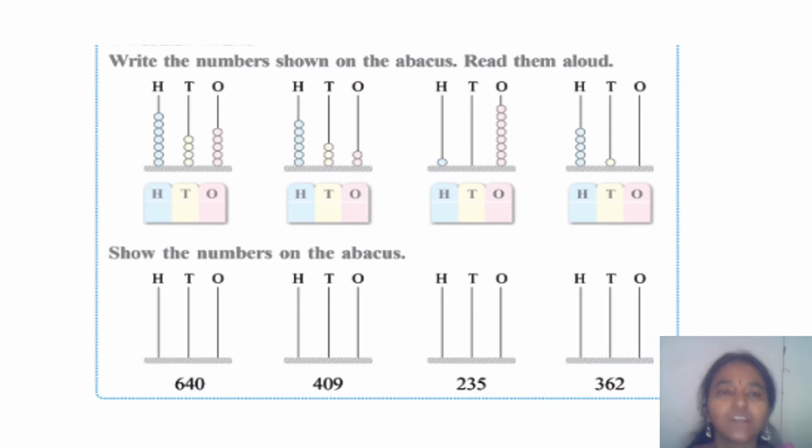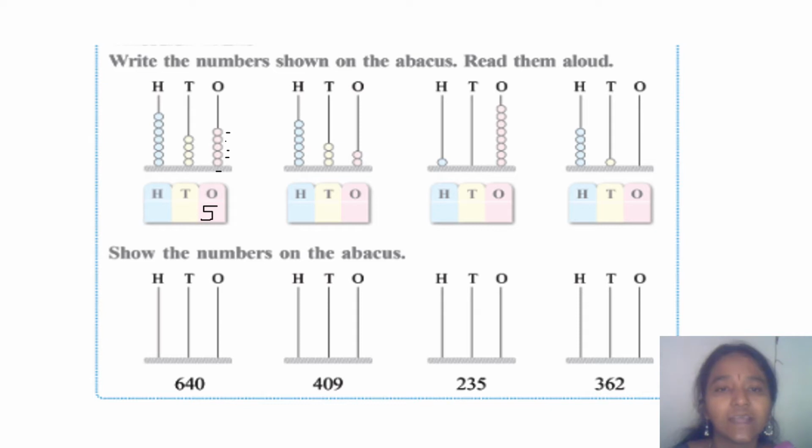Now, what is given here? Write the numbers shown on the abacus and read them aloud. Under ones, how many beads are there? Count them. See, I am counting one for you. 1, 2, 3, 4 and 5. 5 beads.